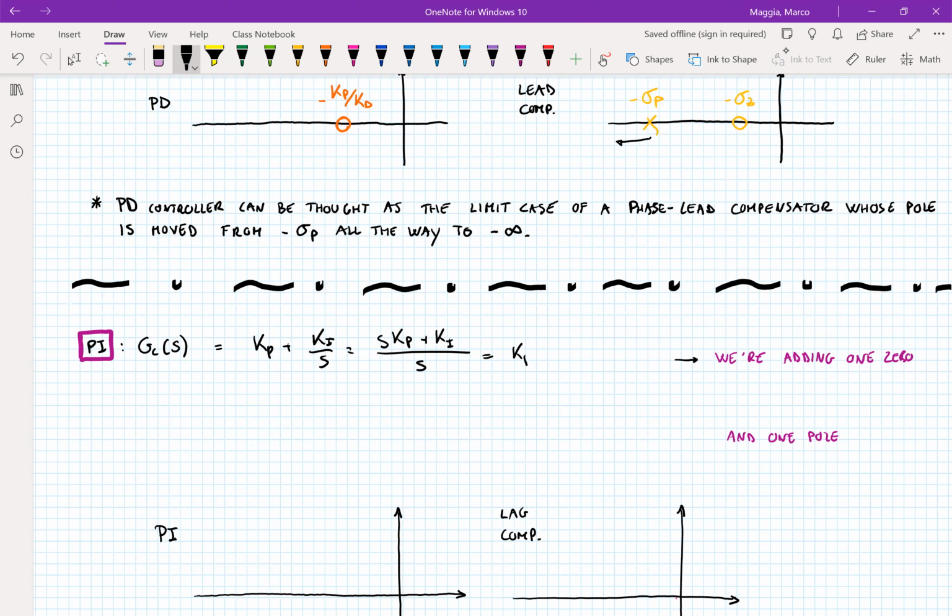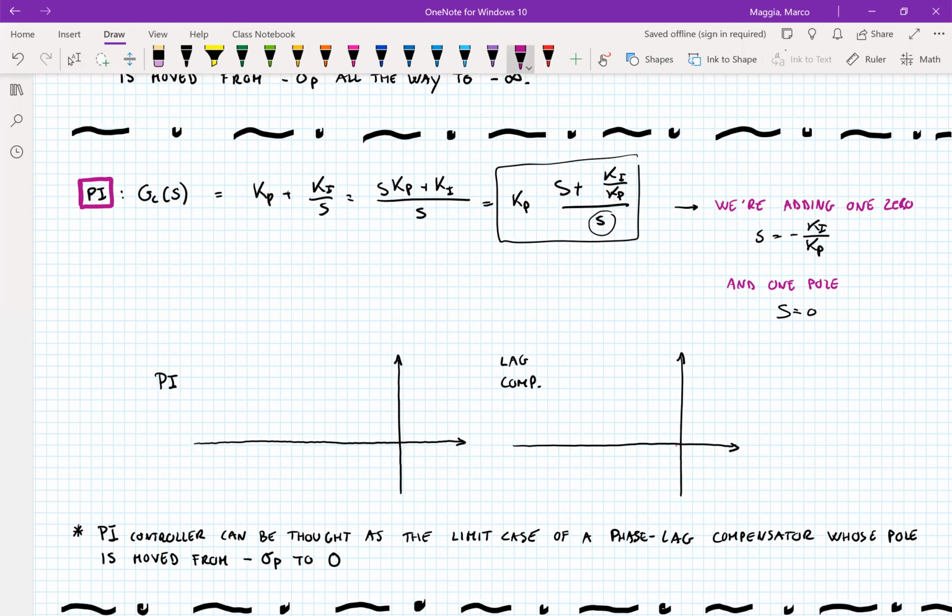And then we write Kp that multiplies S plus Ki over Kp, over S. So this is the transfer function for a PI controller. And notice that we're adding one real zero at minus Ki over Kp, but we're also adding a pole at the origin.